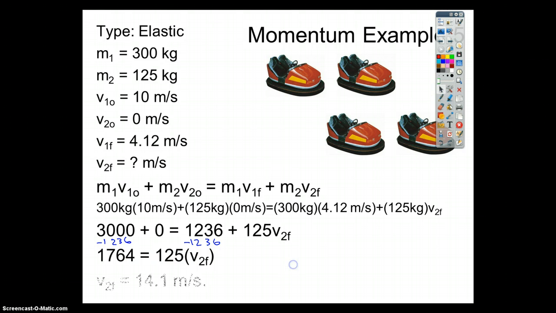If you divide both sides by 125, we find that the final speed of the second car is about 14.1 meters per second. And that would be the end of the first problem. That's example number 5 in momentum.